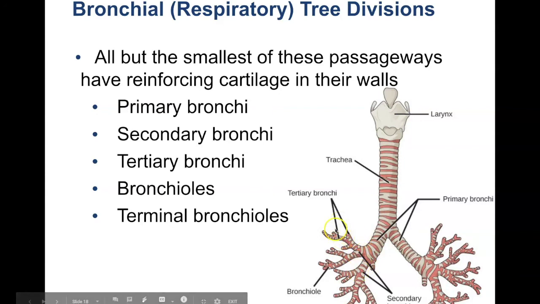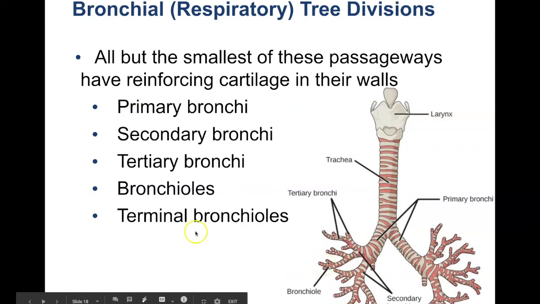And then those tertiary bronchi are going to split again, so on and so forth, until we get to these tiny little tubes known as the bronchioles. And it's these bronchioles that are going to be the smallest little tubes that we have that will lead to the terminal bronchioles that are the ends of our bronchial tubes, our little tree, if you will.